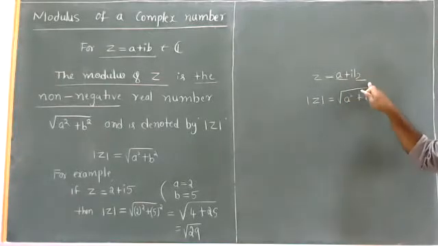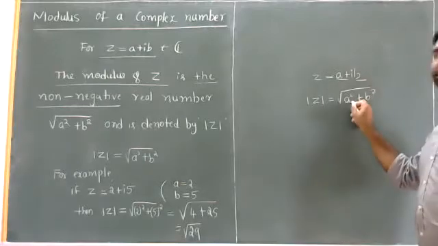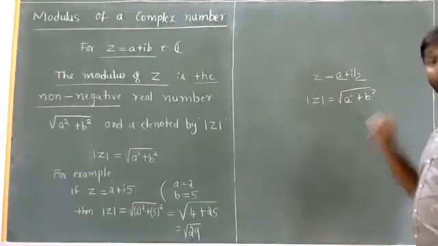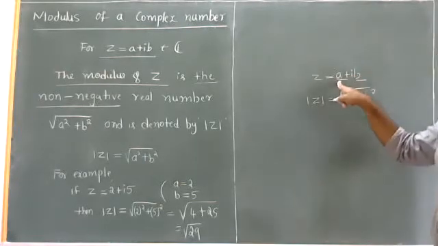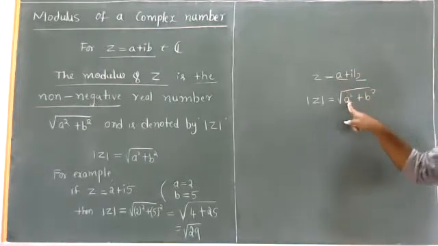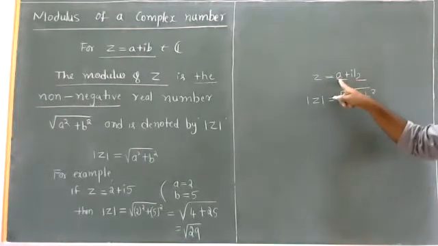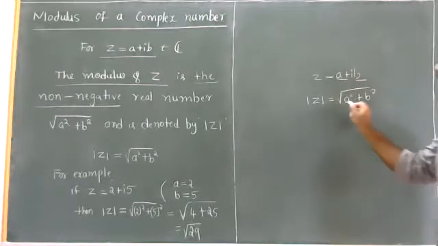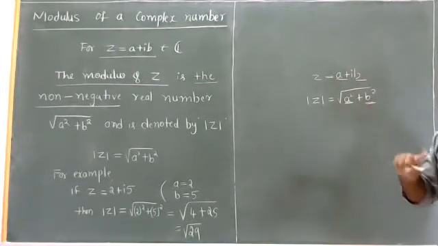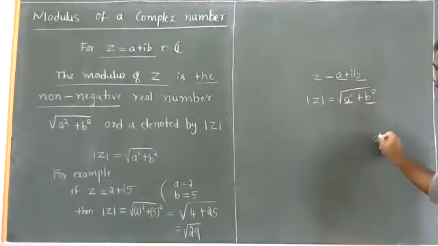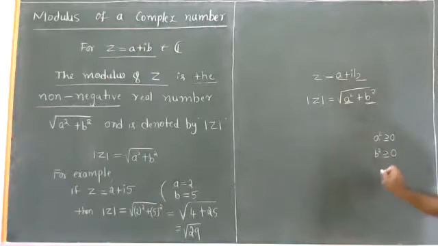So whatever the values of a and b, a square is positive, or I can say non-negative, right? Because a could be 0 also. If a is 0, a square will be 0. So a square will be greater than or equal to 0, b square will be greater than or equal to 0. So the sum of two non-negative terms will also be non-negative.